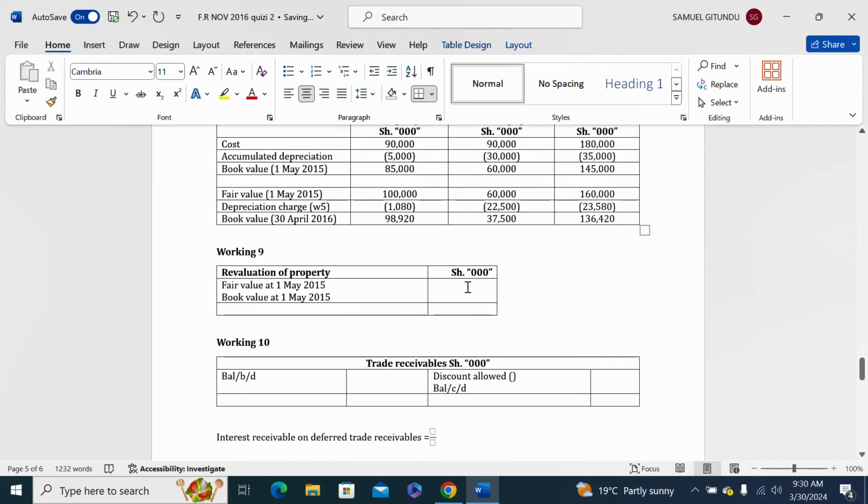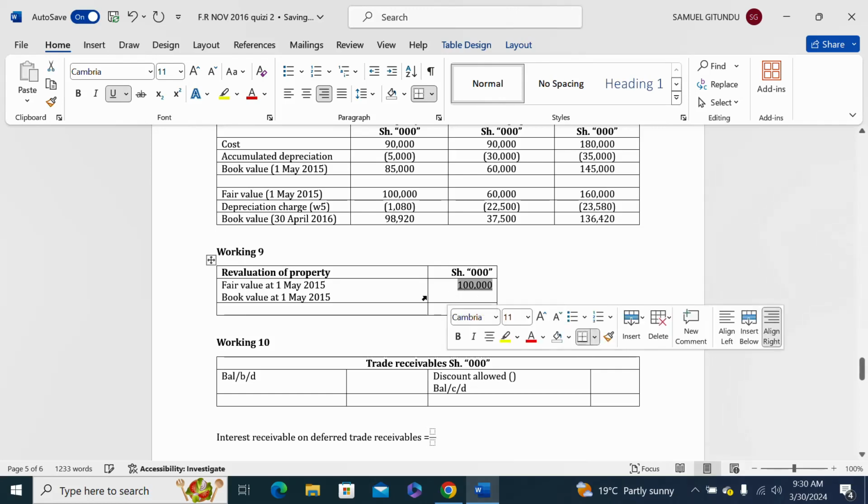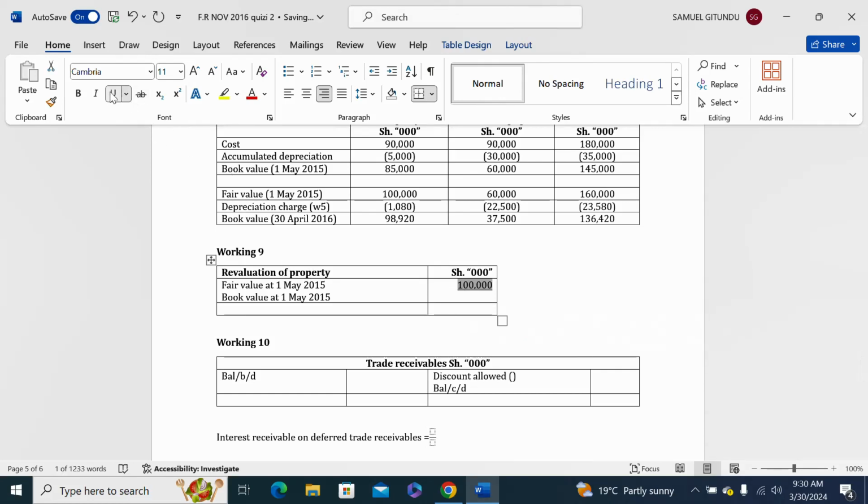Then we have the revaluation gain of property. We take 100 million, the revaluation at 1st May 2015, and we deduct the book value at 1st May 2015 to get the revaluation gain.